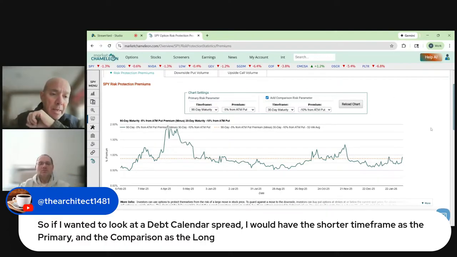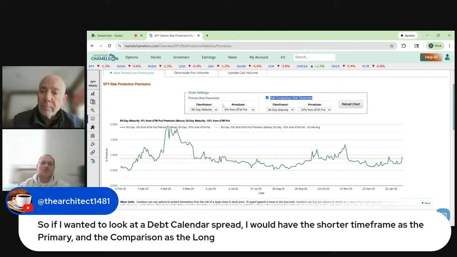Jim then goes on to ask, so if I wanted to look at a debit calendar spread, I would have the shorter time frame as the primary and the comparison as the long. Well, the reverse. You would have the debit on this side, the credit on this side.